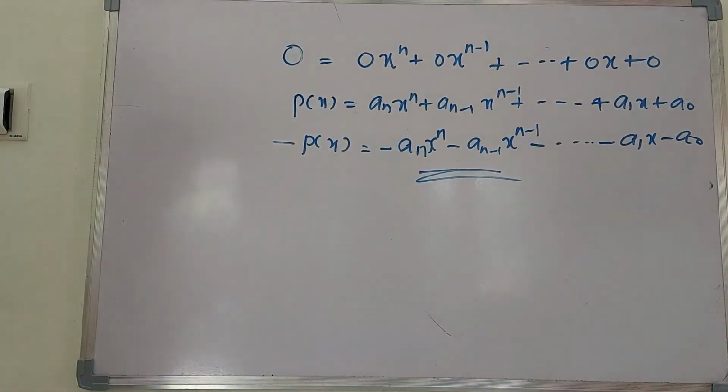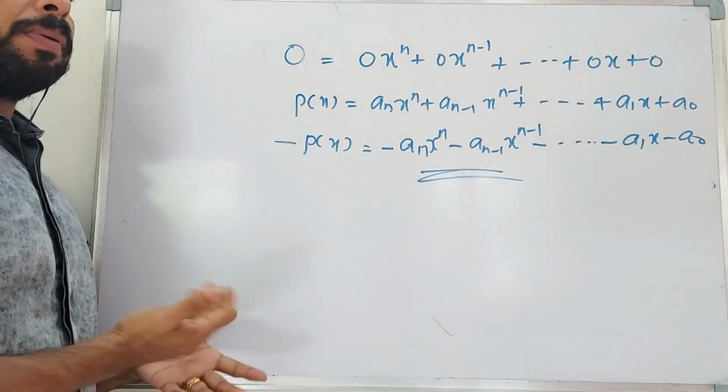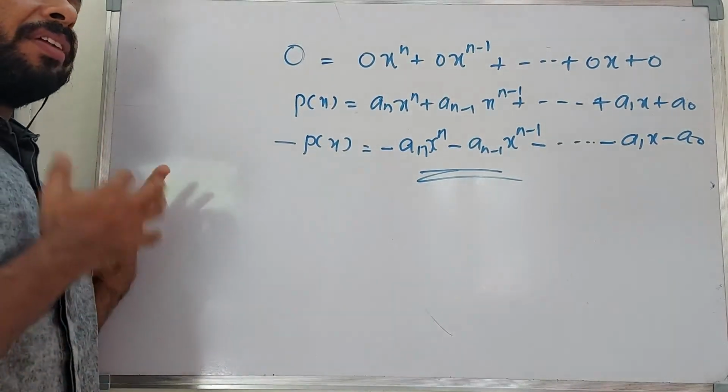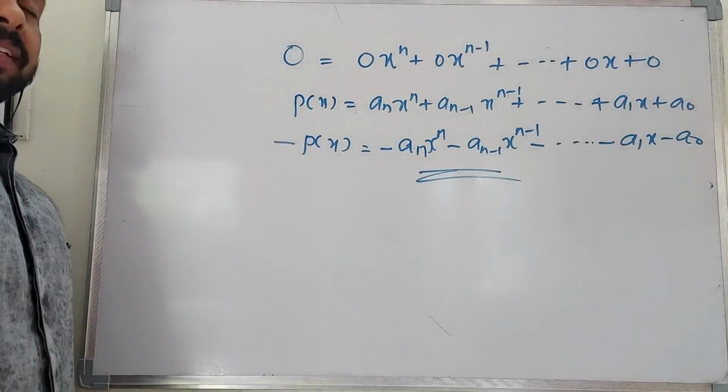So, according to the nature of the given set, we can define the additive identity and additive inverse in the corresponding sets.